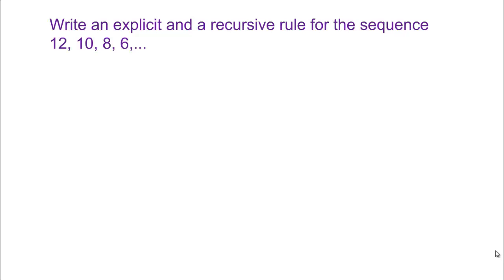Let's take a look at an example using what we just talked about. Let's find an explicit and a recursive rule for this sequence. First thing we want to do is find d. Notice each time we are subtracting 2. Therefore, d is -2.